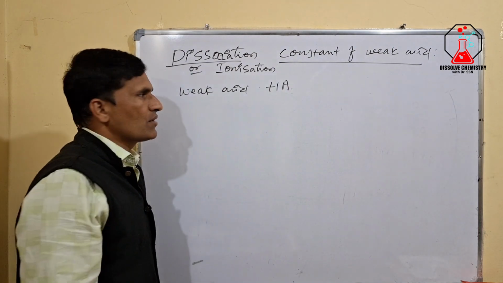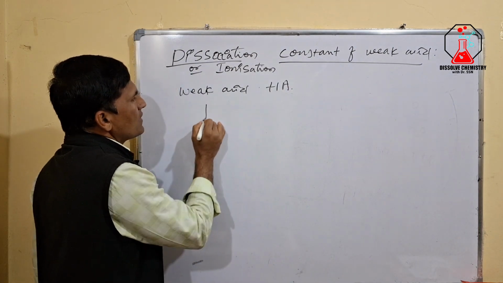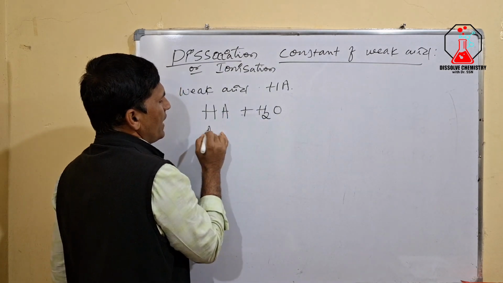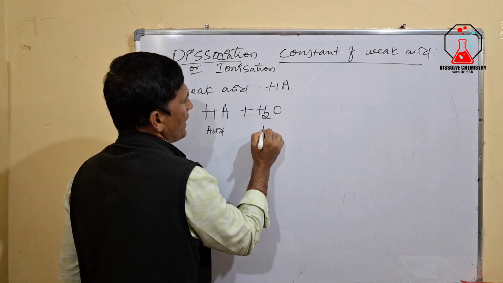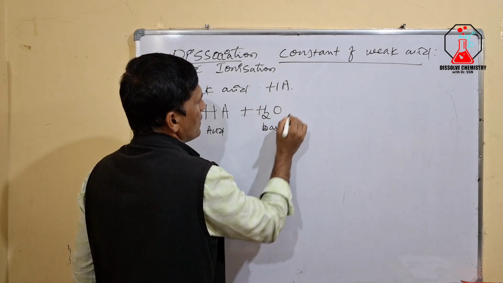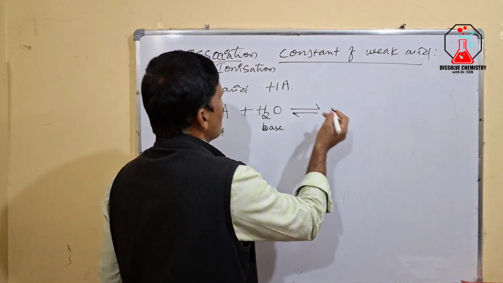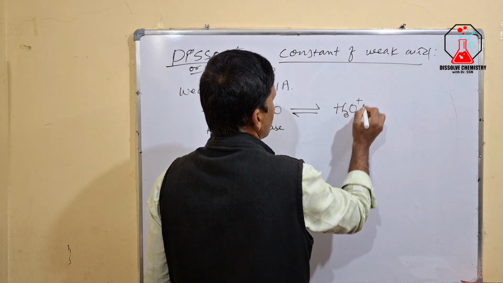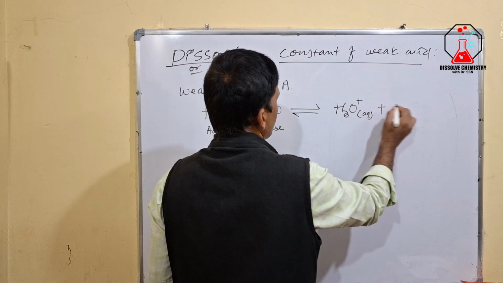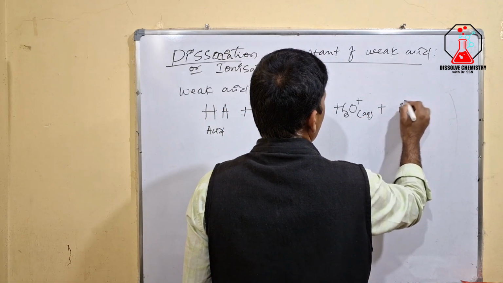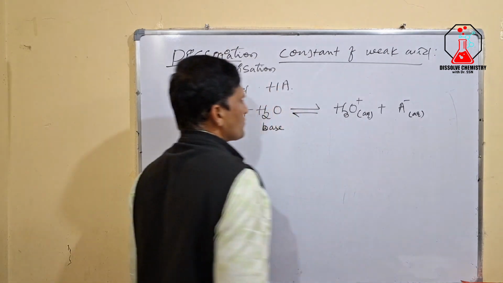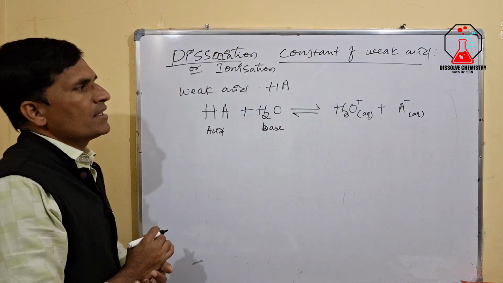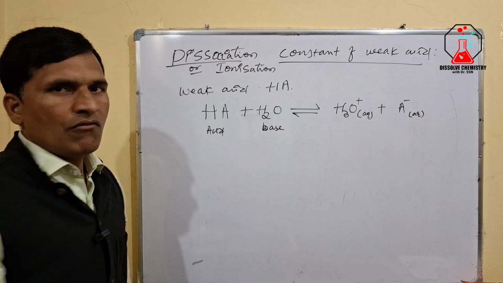Now when you dissolve HA in water, it acts as an acid and water acts as a base. It will establish an equilibrium, giving H3O plus aqueous plus A minus aqueous. That is how it undergoes dissociation in water.